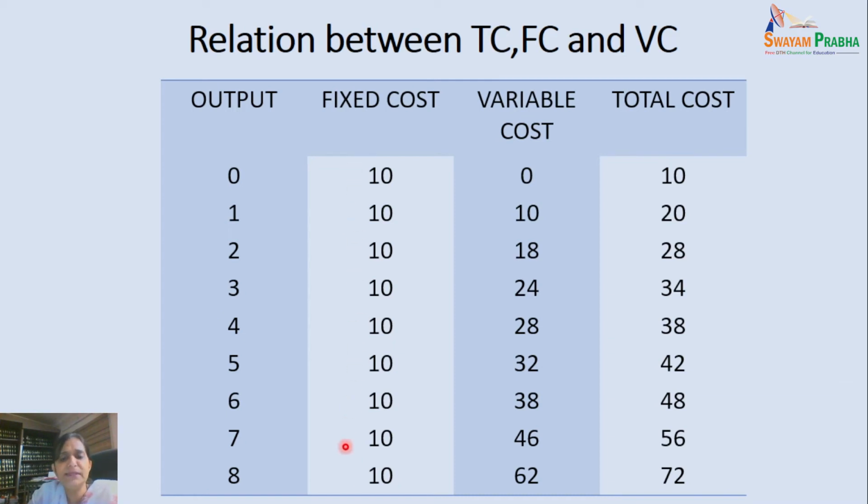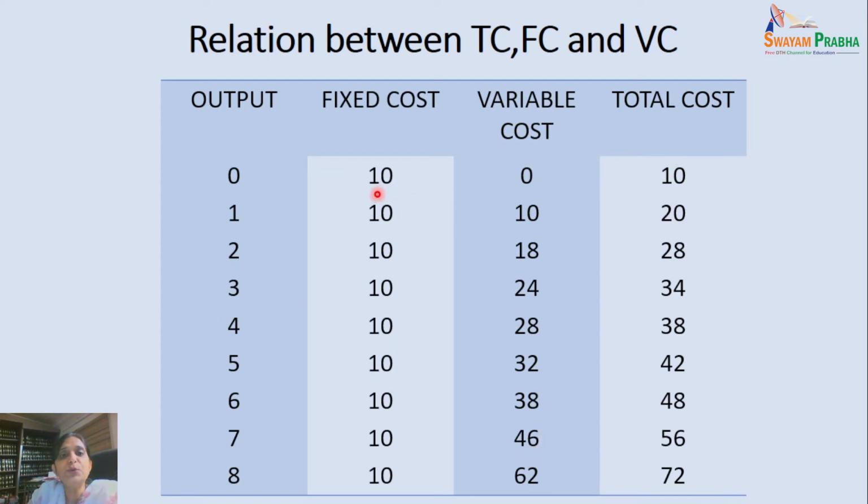It is 10. Whether you are producing 0, 3, or 8 units, your fixed cost is constant. It is 10. What happens to the variable cost? Variable cost is increasing. It is increasing initially at a slower rate and then at a faster rate. What is total cost?